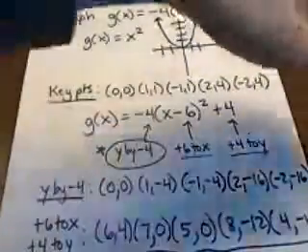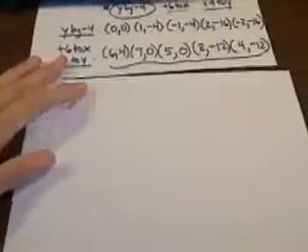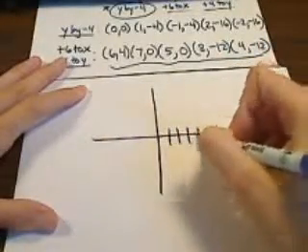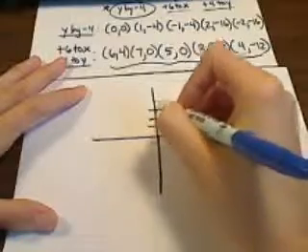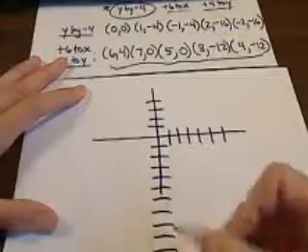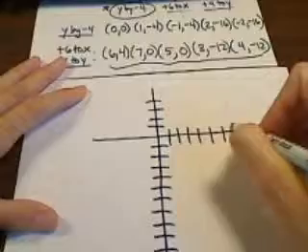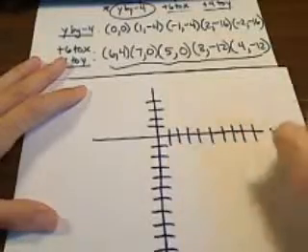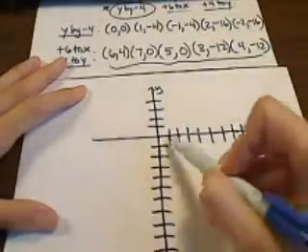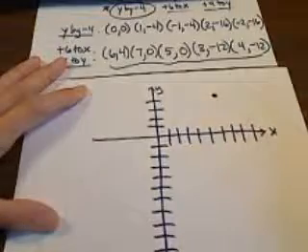So if I just draw this out on a graph, this is my x-coordinate, this is my y-coordinate. Over 6, and then up 4 units is going to put me right there.